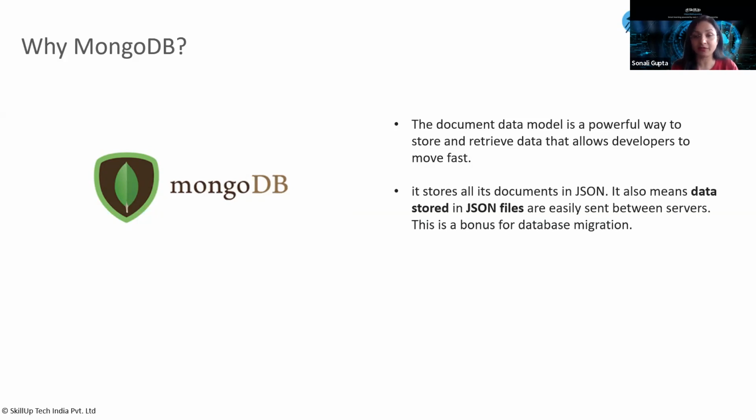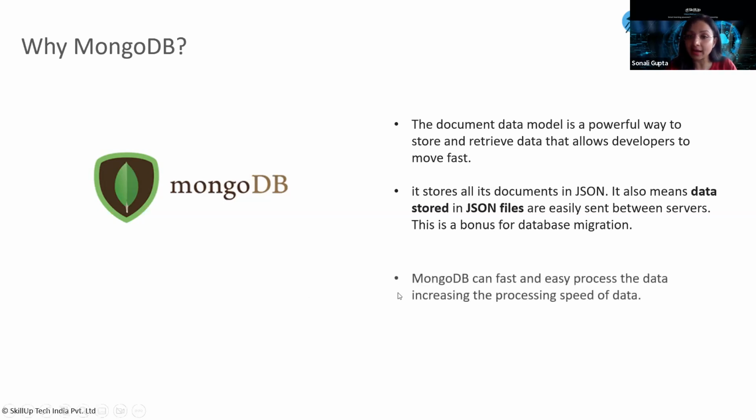Most of you, if you are from a development background, or are thinking of taking it up, will know that when we develop .NET applications or Java applications, these JSON files are readily created, because they are easily sent between servers, which acts as a bonus for database migrations because they are light in comparison to the tables or the relational database that you create. So that is why JSON files are readily used.